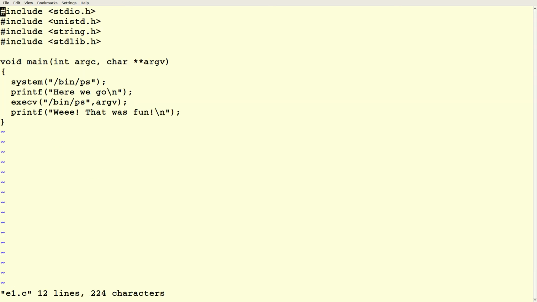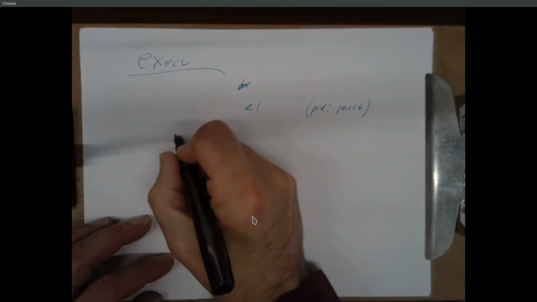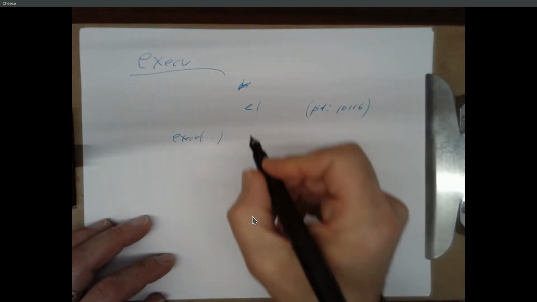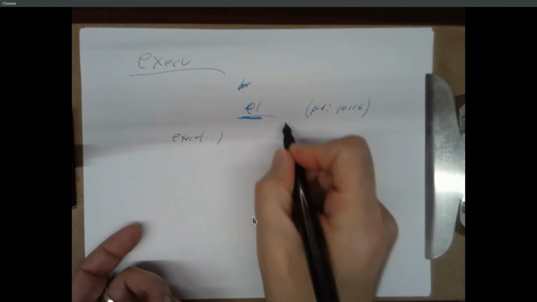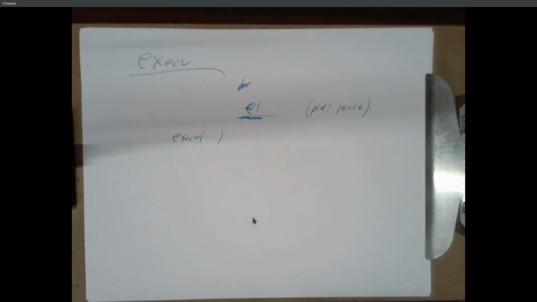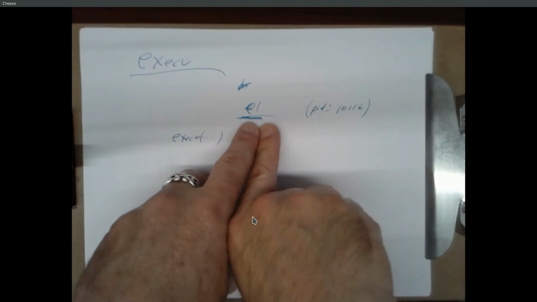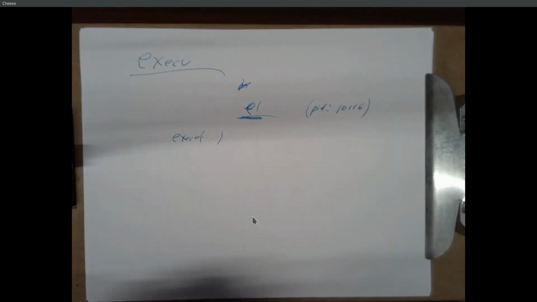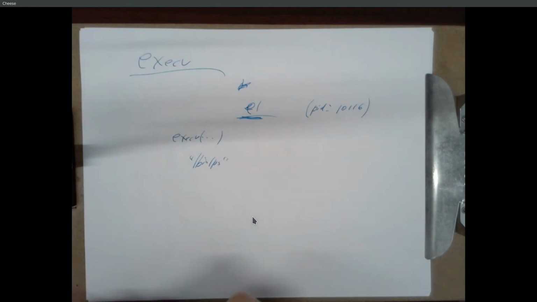When I say exec /bin/ps, what happens is the actual essence of this running process changes. This process has code associated with it. The code came from this file called E1. All of that stuff gets replaced by the code inside this file called /bin/ps.